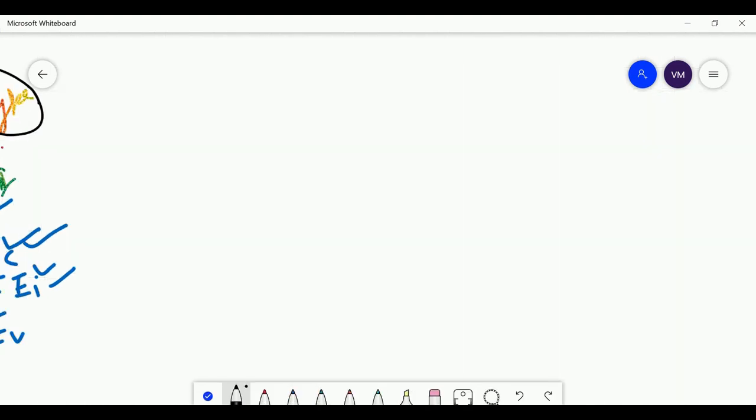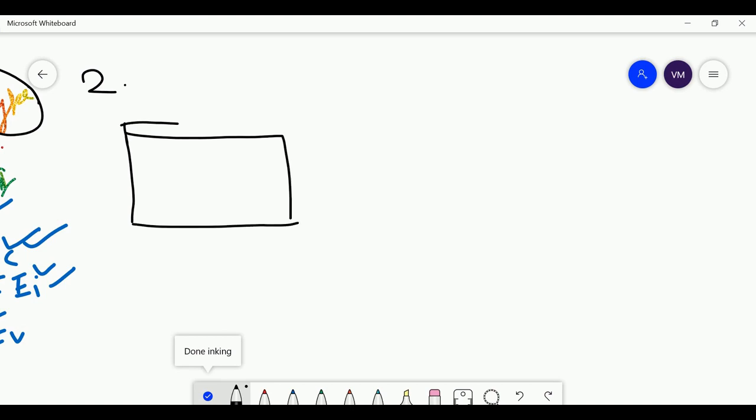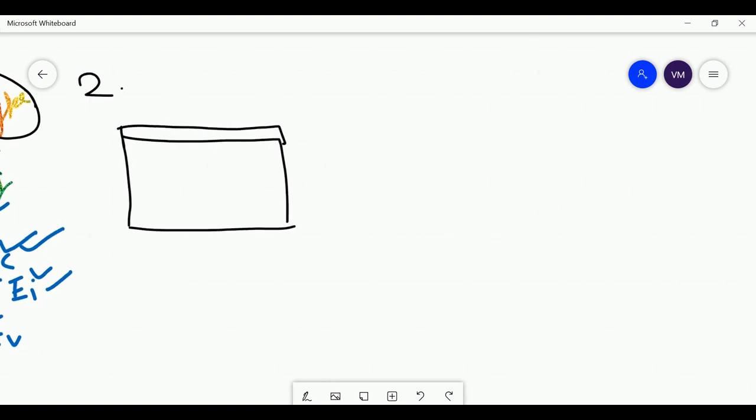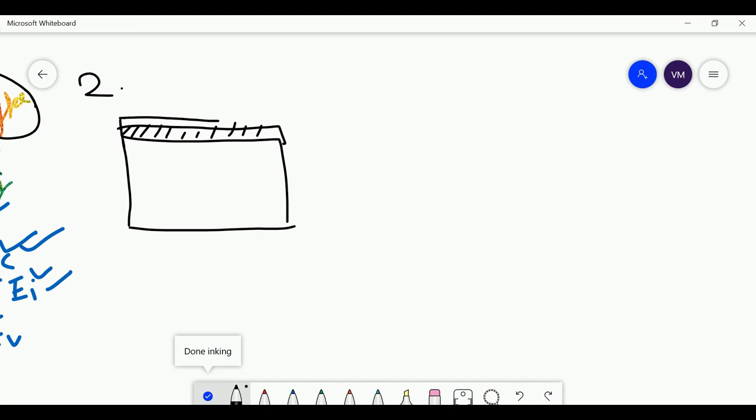Let me again draw the second condition. The second condition is something like this. This is the silicon substrate, this is the silicon oxide, and this is the silicon, and we have applied a little positive gate voltage.